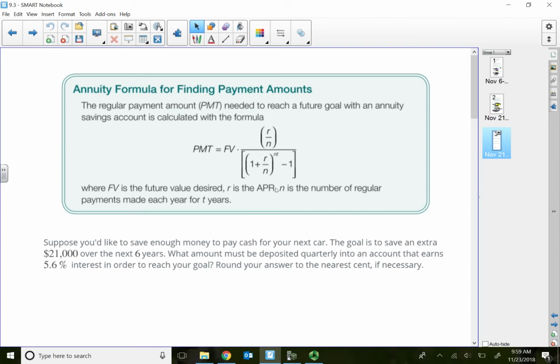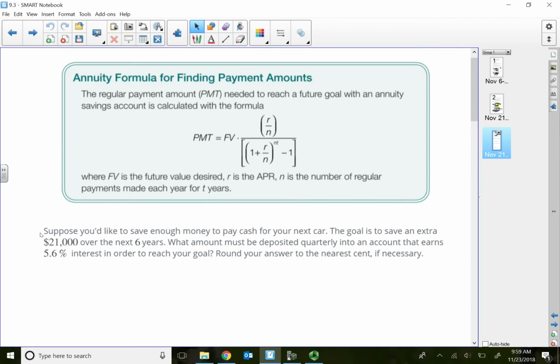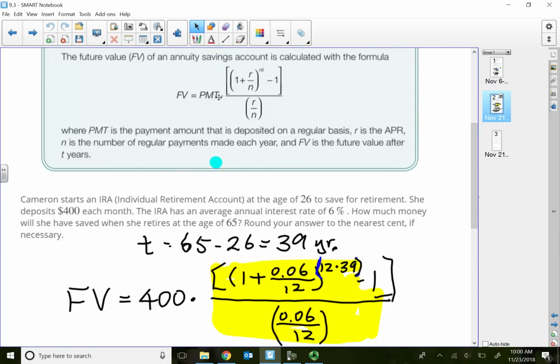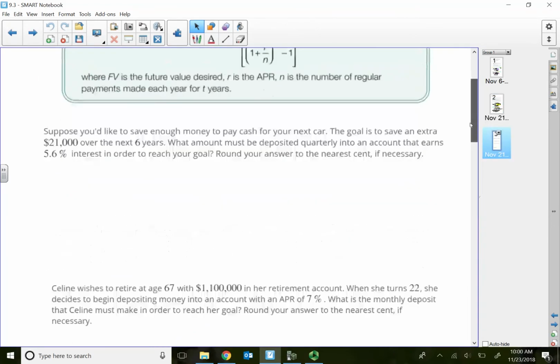R is your APR. N is the number of regular payments made each year for T years. So very much the same as this formula, except we're trying to find the payment now instead of a future value.